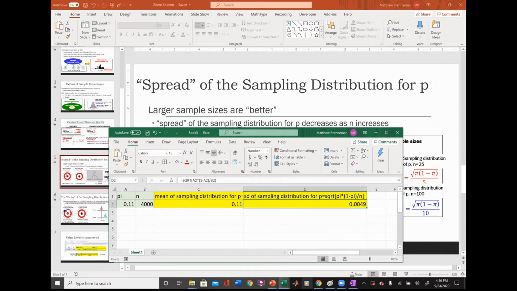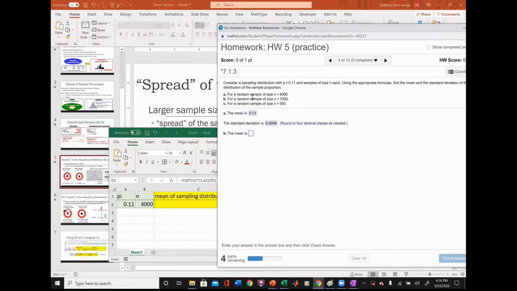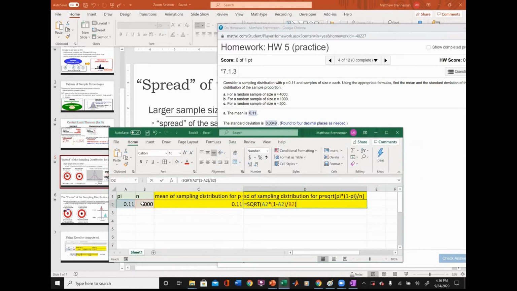I'm going to do problem 2 very quickly, and you can do it too if you want. Notice that in this problem, my pi is the same. The only thing that changed is my sample size. So all I do is change the sample size.